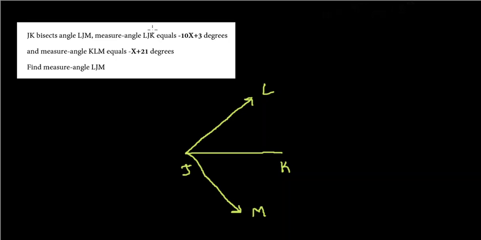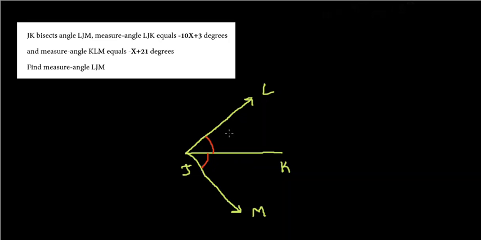Alright, and so we have the information that this LJK equals negative 10x plus 3. But before we go there, we need to analyze what bisects means. Like before, bisects means that these two angles are going to be equal. Now we can input these degrees.